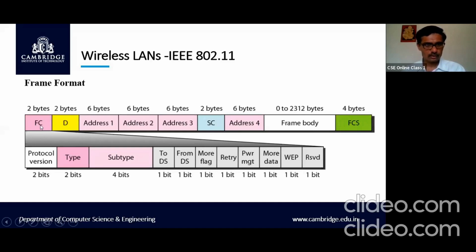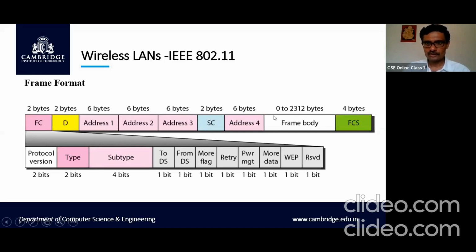Now, what is the maximum size and minimum size of this frame? You can see the minimum size is when the frame body is 0 bytes. Maximum size is when the frame body is maximum, that is 2312 bytes. All these other fields are fixed. So 2 plus 2, 4, plus 6, 10, 16, 22, 24, 30, 34 bytes are fixed.